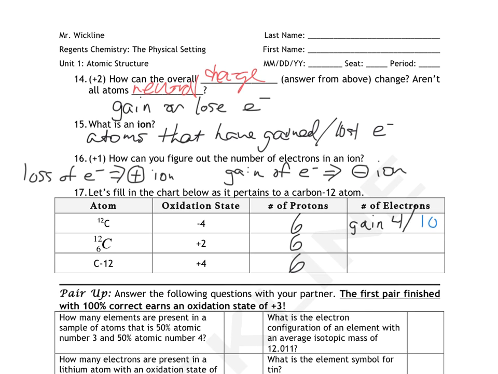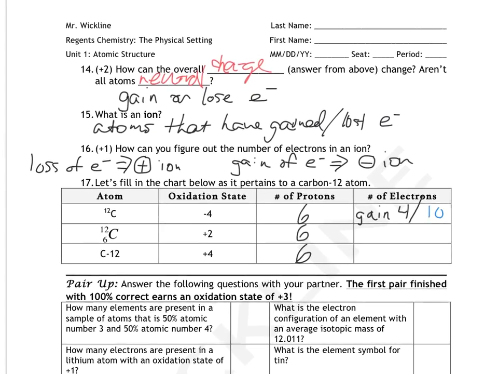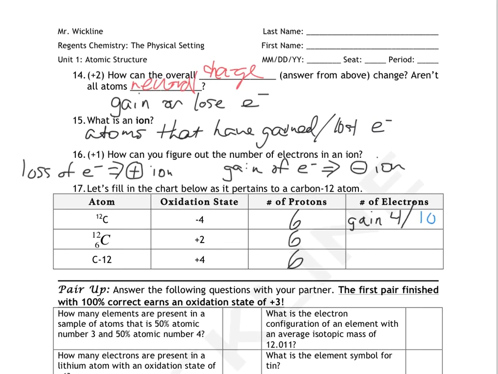I'm going to do a couple more examples for you. In the next example, we have an oxidation state of +2. If the oxidation state is +2, that indicates that it is a positive ion, which means that it lost electrons, and +2 means it lost 2 electrons.